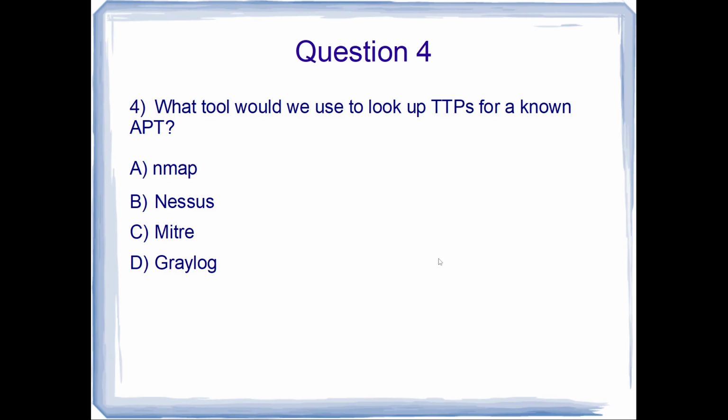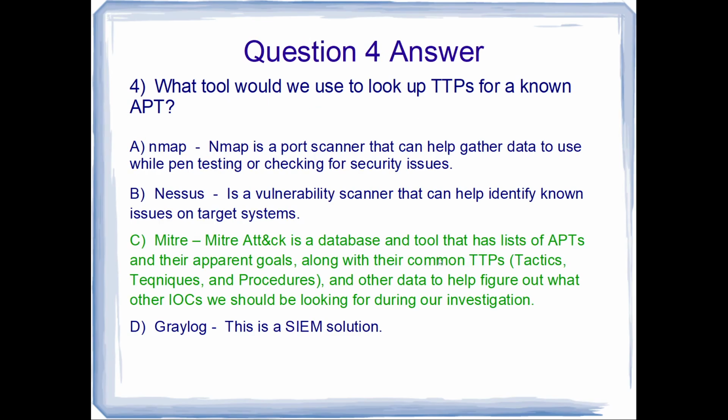If you said the MITRE ATT&CK, you're right. So MITRE ATT&CK is a database and a tool that lists APTs and their apparent goals along with their common TTPs, which stands for Tactics, Techniques, and Procedures. This also provides other data.